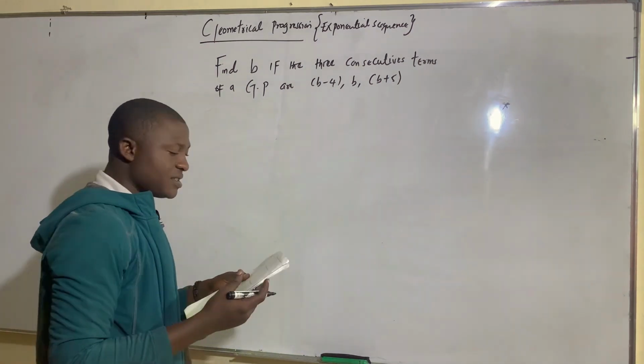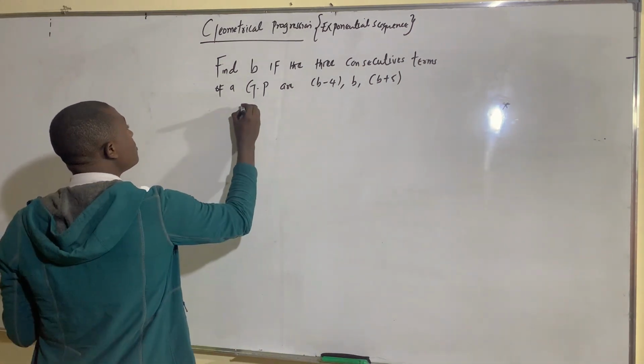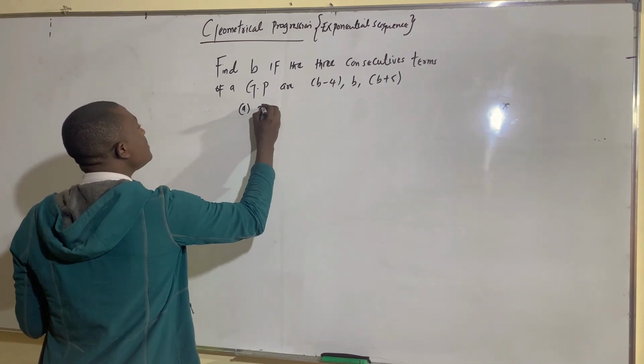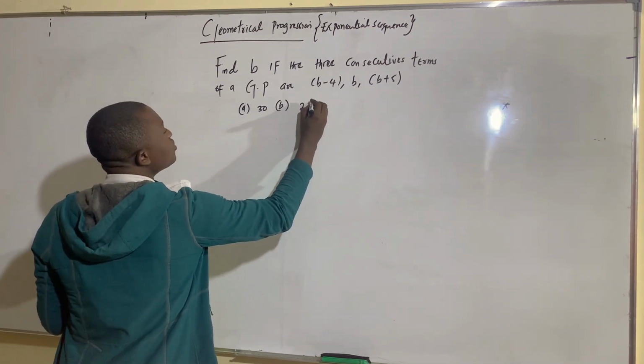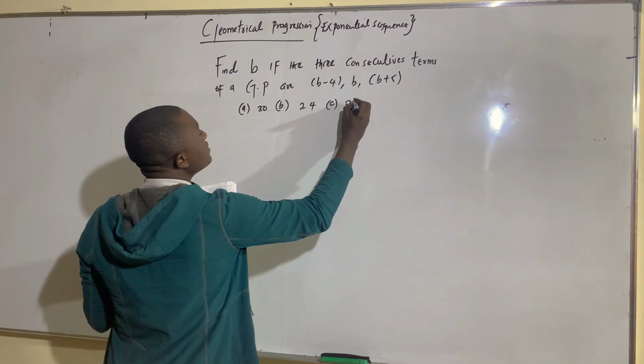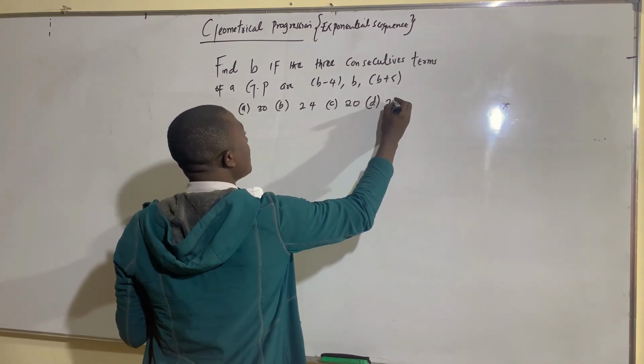So we have to find the value of B. Even in the options, we are given: A is 30, B is 24, C is 20, D is 22.